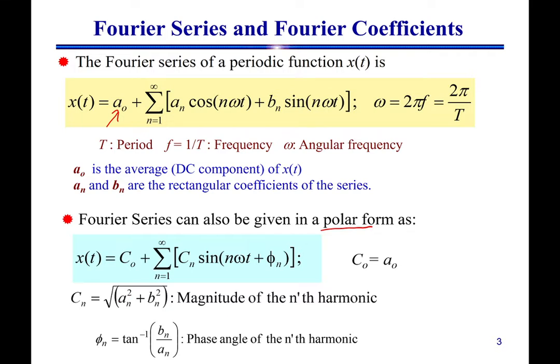So it is the square root of a squared plus b squared, where a and b are the rectangular coefficients of the series, and the angle will be tan inverse of the imaginary part over the real part. And of course C0 again is the DC component.